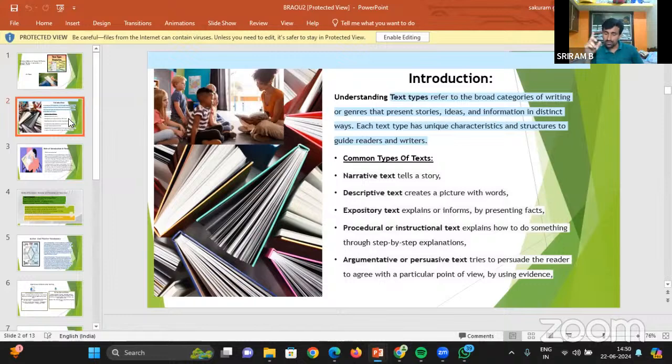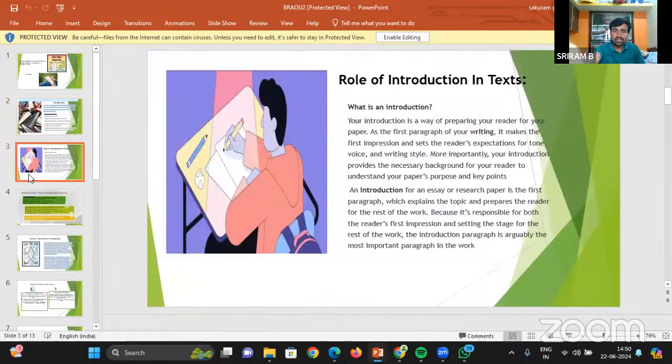Procedural, that day we were discussing how to prepare a chocolate and digestion of food and all. Then argumentative or persuasive, the perspectives. We are running out of time. Quickly you read, then you will understand.